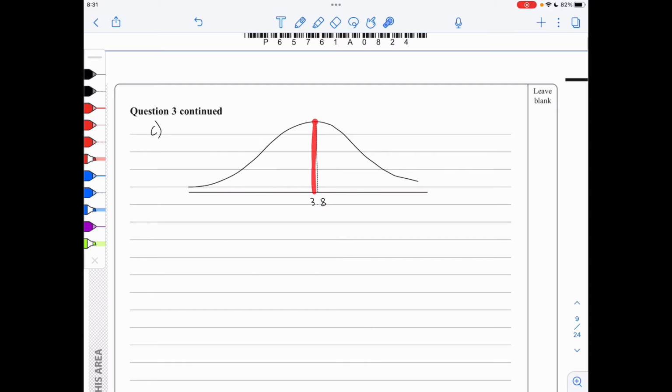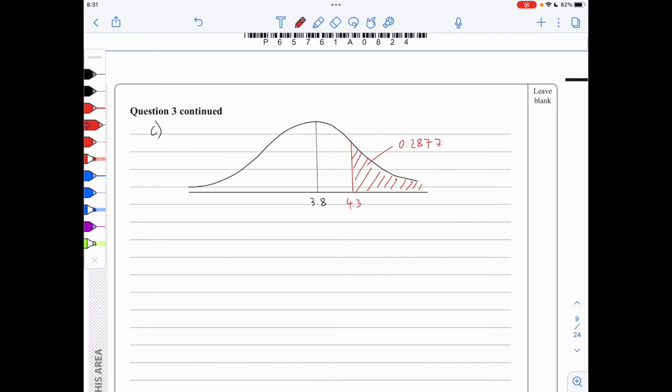We know that the probability of exceeding 4.3 is equal to 0.2877. This is the proportion of people that are getting a medal altogether.